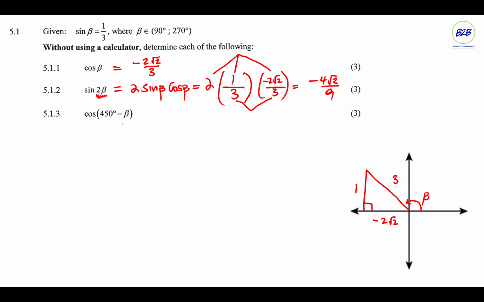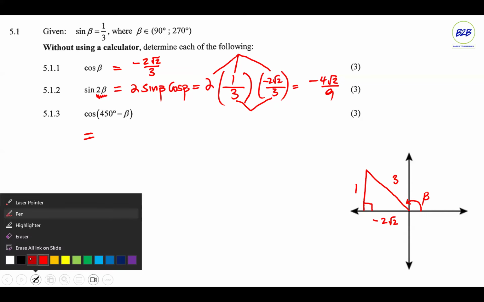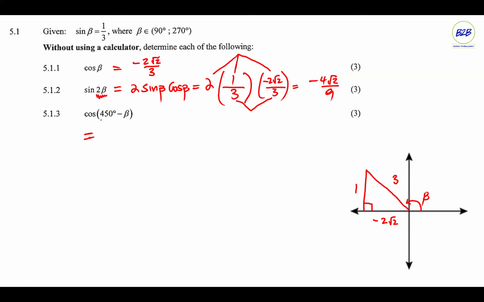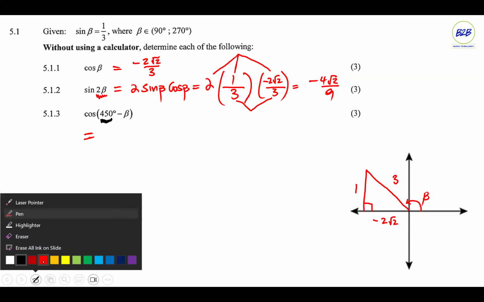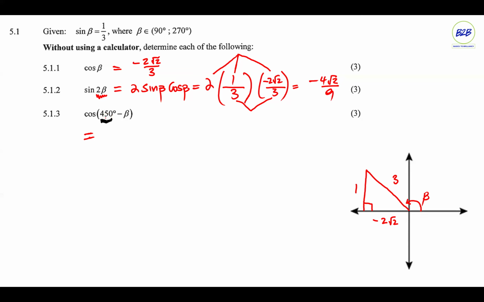Right. And then moving along into 5.1.3, we see that now we have cos of 450 degrees minus beta. And we realize that actually we don't have a reduction formula that contains 450 degrees minus beta as per the CAST diagram that we learned in the previous episode.